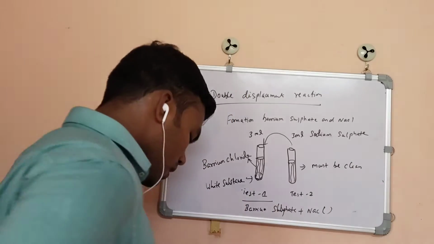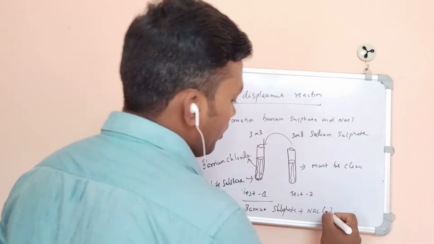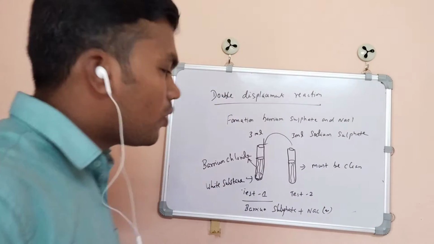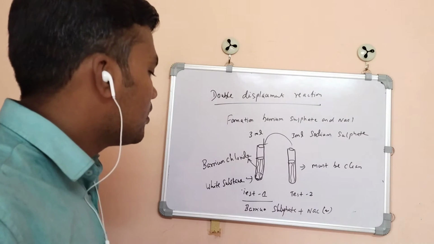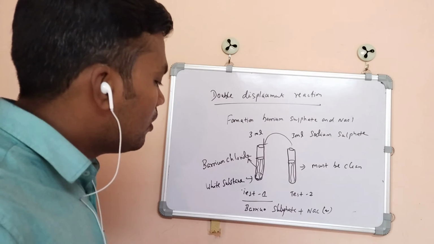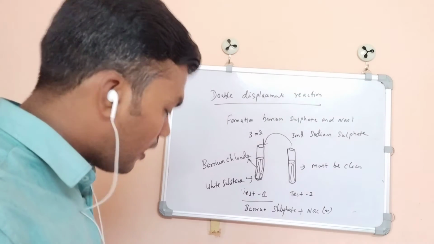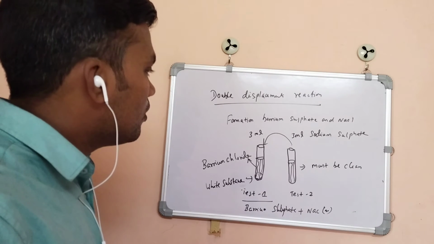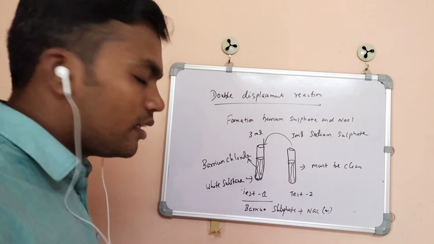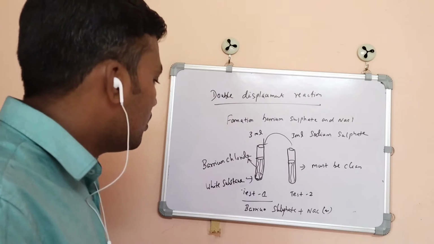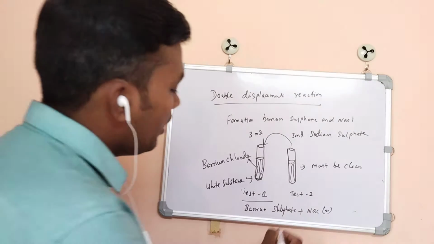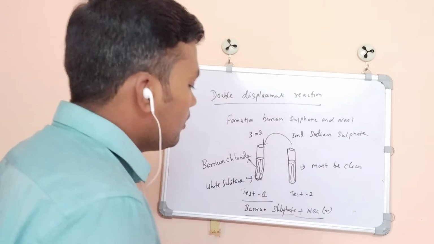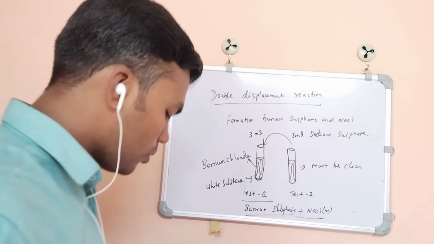Two products are formed from this reaction: first barium sulfate, another sodium chloride.